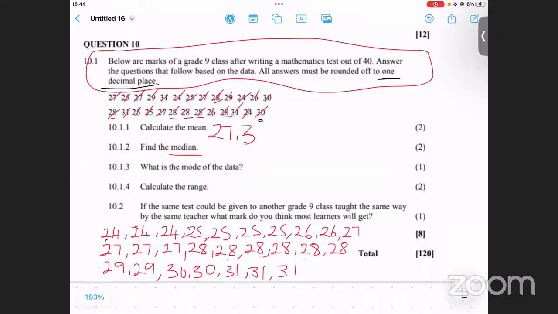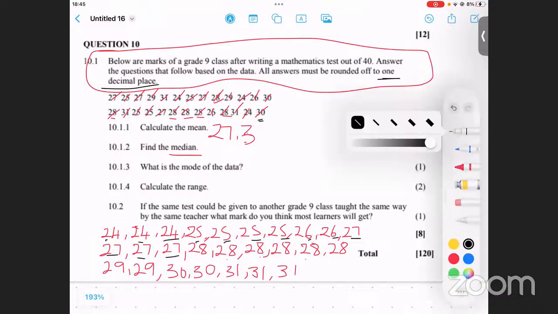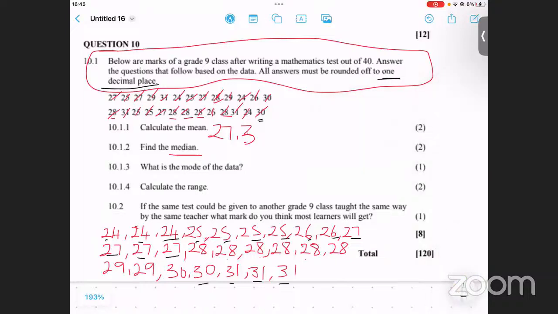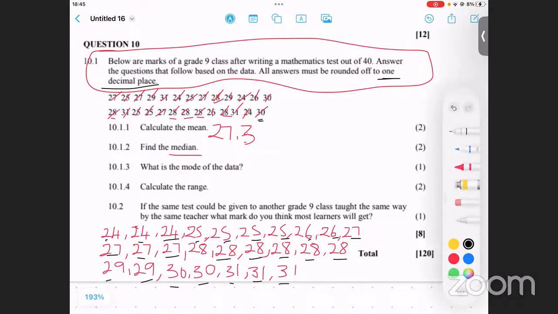So it's 1, 2, 3, 4, 5, 6, 7, 8, 9, 10, 11, 12, and 13. We have there are 25, you're right.